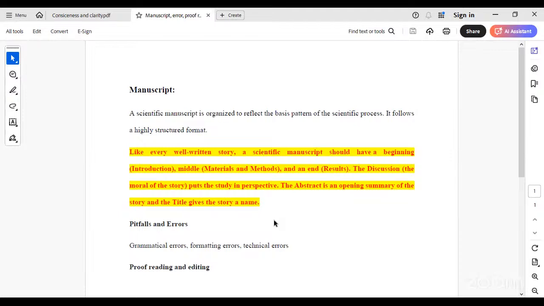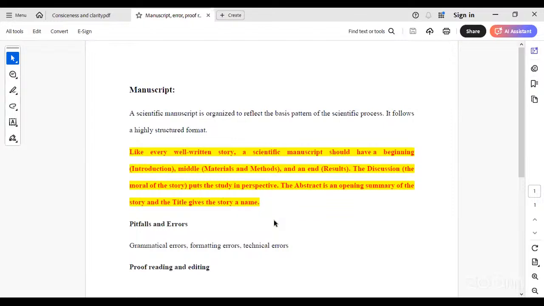It is organized writing, an organized set of data to reflect the basic pattern of the scientific process.